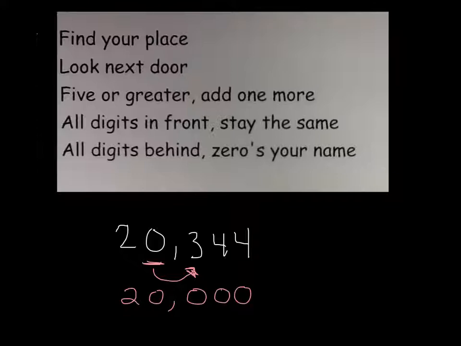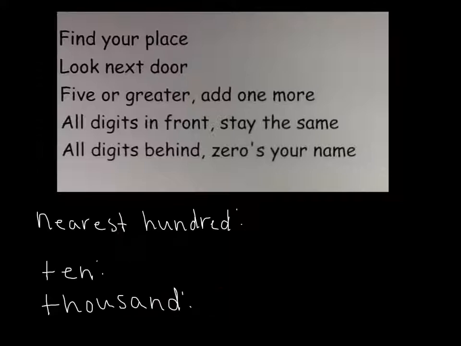We're going to try this with some more problems, and every time all day today, I want you to be saying the same poem or the same little riddle in your head or whispering it out loud to help you remember how to round. So we're going to take the number up here of 10,582.